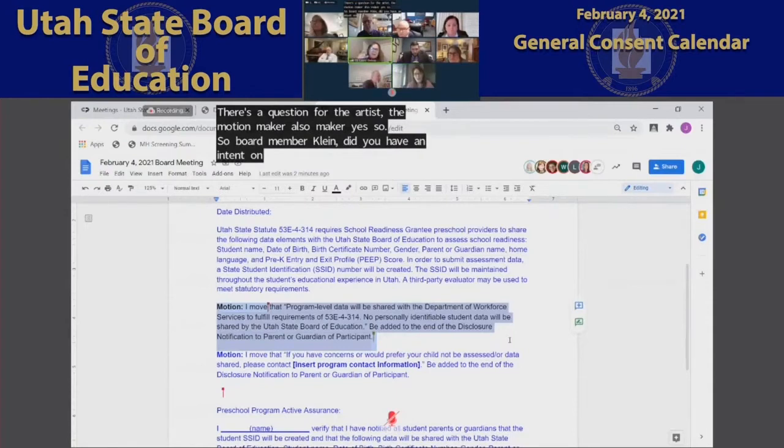So you can share it, just for clarity. You're saying they can share it as long as parents know it's being shared. Right, but this is to make parents aware that this information will be shared.